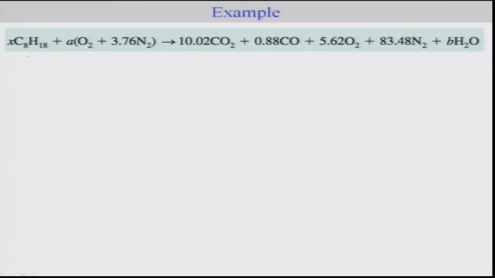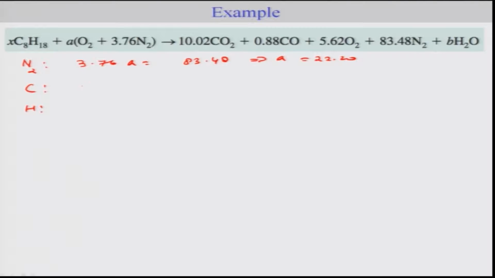Now what we can do is write a mass balance for individual components. Let's start with nitrogen. Considering N2, 3.76 on the left side multiplied by A should be equal to 83.48, leading to A being 22.20.